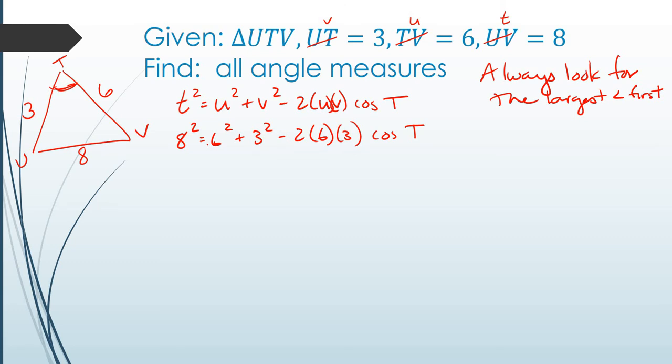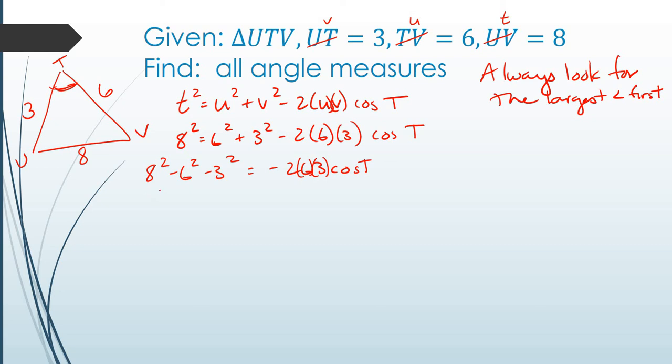The tendency is to do all of this computation first, but you cannot do that because of order of operations. So the first thing I need to do is subtract the 6 squared and the 3 squared. Then I can do my computation here.